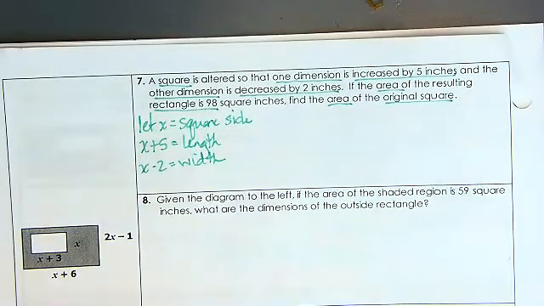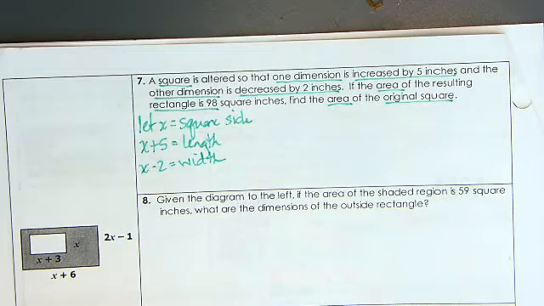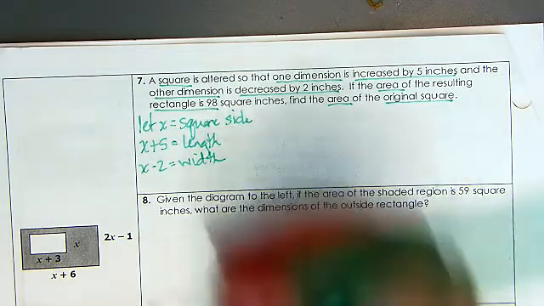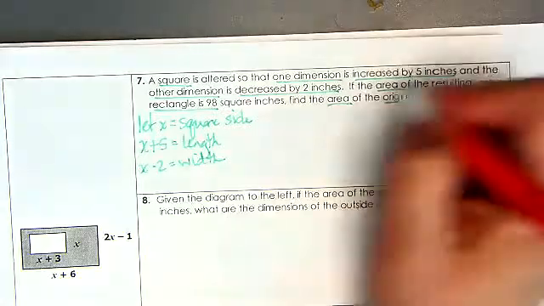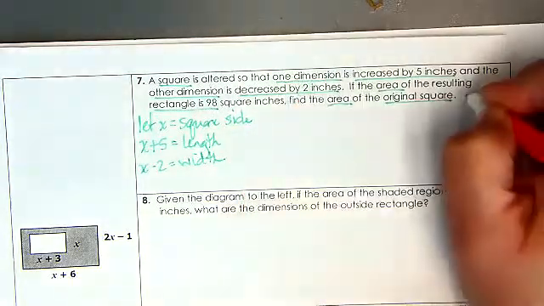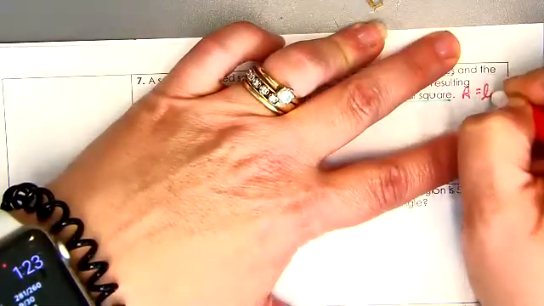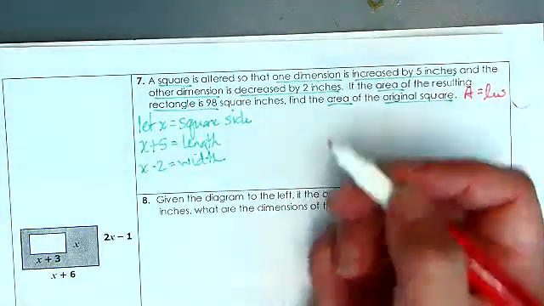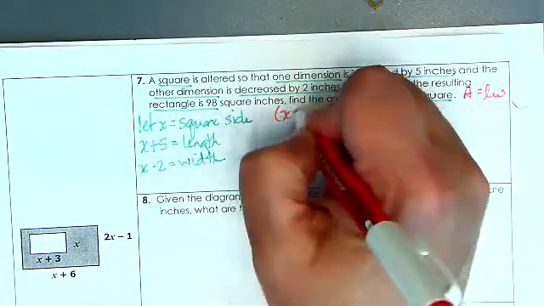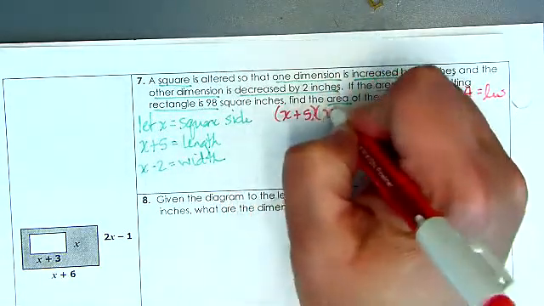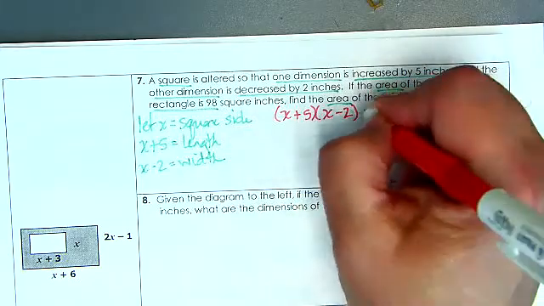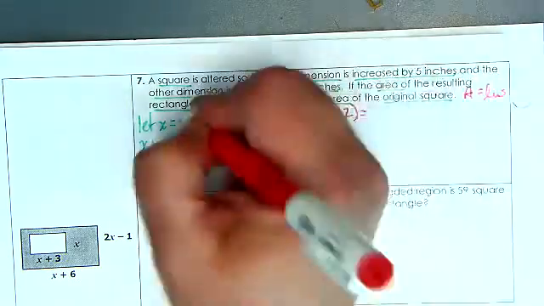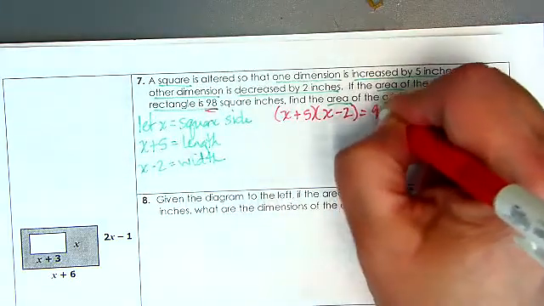Now I've got to work this. Remember that area is found by doing length times width. So therefore, I'm going to have x plus 5 times x minus 2 equals 98.